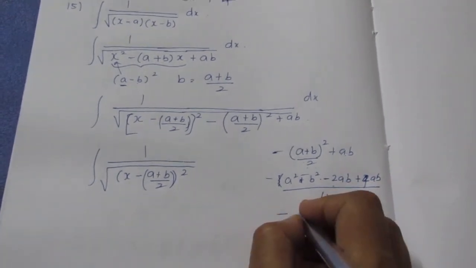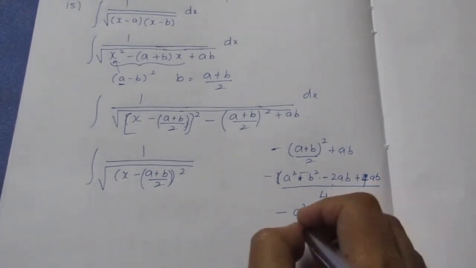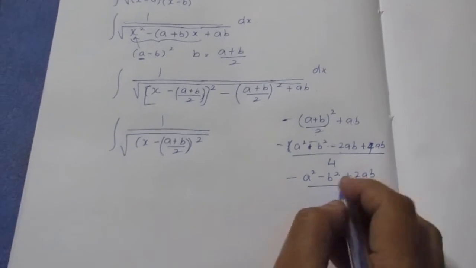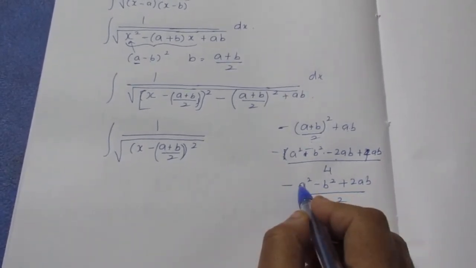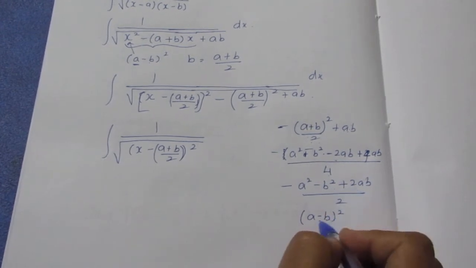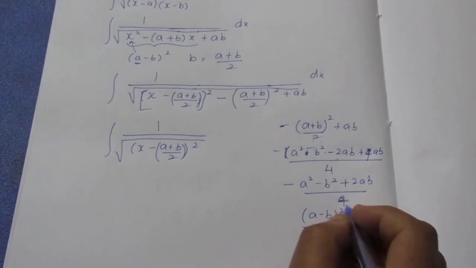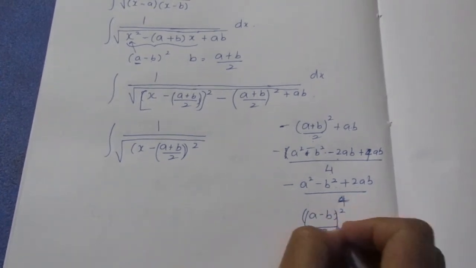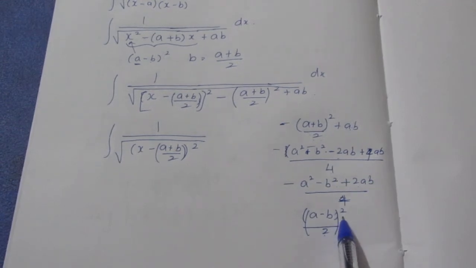Solving this becomes minus a square minus b square plus 2ab by 2. Again taking the minus sign outside, it becomes (a minus b) whole square, because plus a square plus b square minus 2ab can be written as (a minus b) whole square, the whole thing divided by 2. So this is in the form of (a minus b) by 2 the whole square.